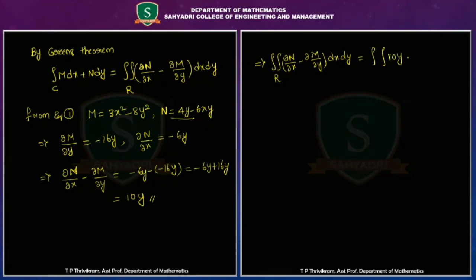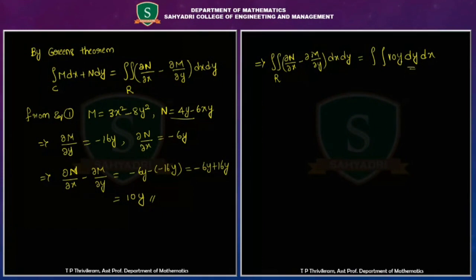Okay, so here y is there. Better if you do integration first with y, so I'll write dy dx. That is your wish, whether you want to do integration first with respect to x, then with respect to y, or first with respect to y, then with respect to x. Answer won't change. Since the y variable is there, first I will eliminate the y variable. So for that sake, I have written dy here.